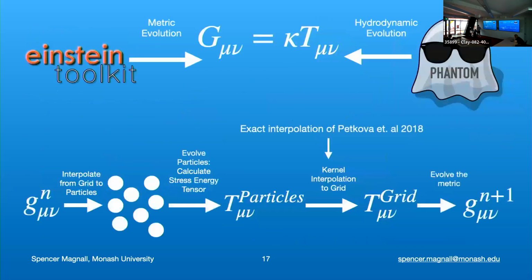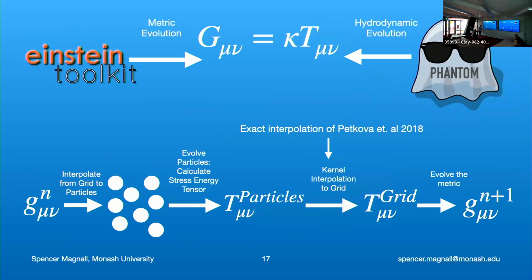All right, so on to what I'm actually doing. The basic idea, as I mentioned before, is to split the metric evolution and the hydrodynamic evolution between two codes. So the grid code, Einstein Toolkit, handles the metric evolution, and the hydrodynamic evolution is handled by Phantom.